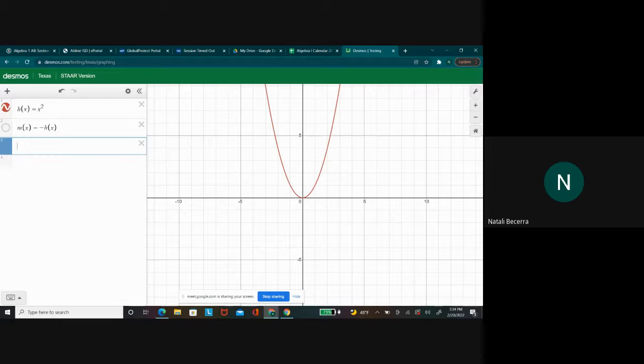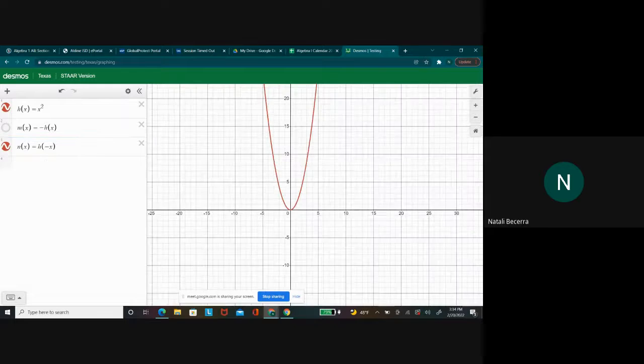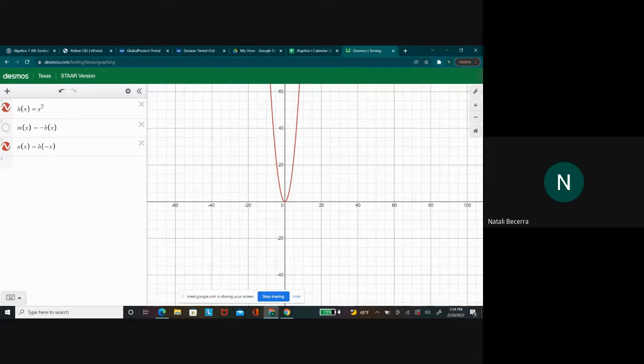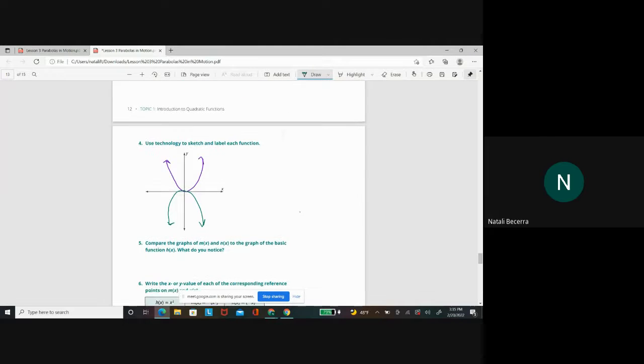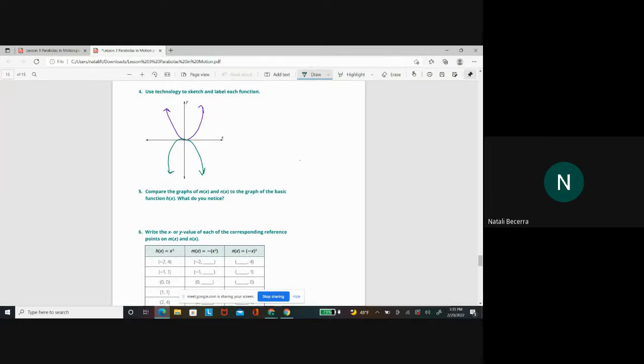n of x equals h parentheses negative x. What happened to it? Oh, I forgot the squared. Negative x squared. Oh my god, what is happening? Hold on just a second, guys. Where did I mess up? Let me look at where I messed up real quick.